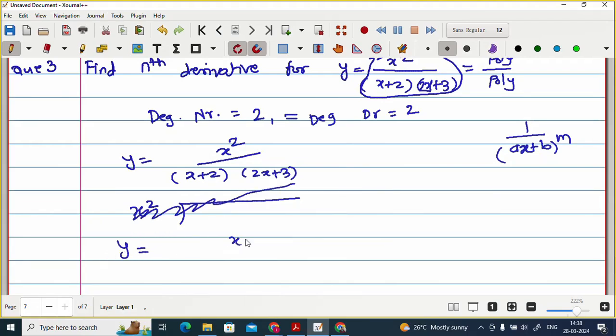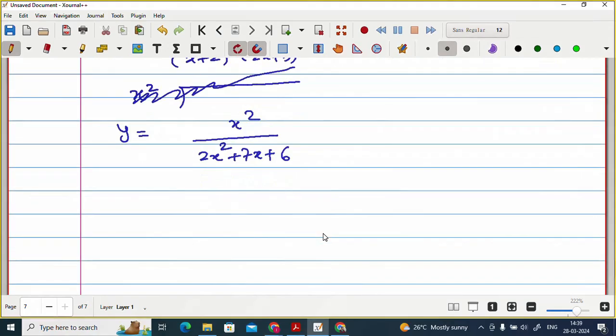First of all, y is x square upon, this is 2x square plus 3x plus 4x means 7x, and plus 2 into 3 means 6. I will perform the division here. Actually, what do we have to divide? x square. By what do we divide? The denominator is 2x square plus 7x plus 6.